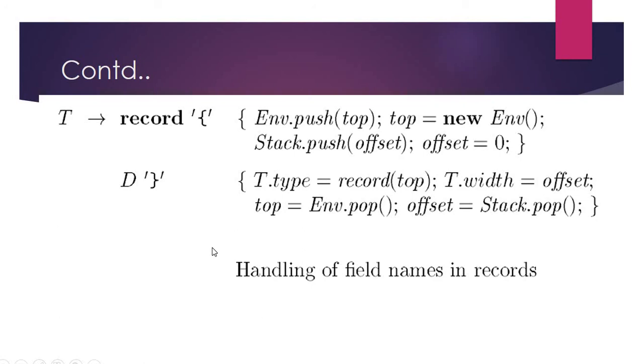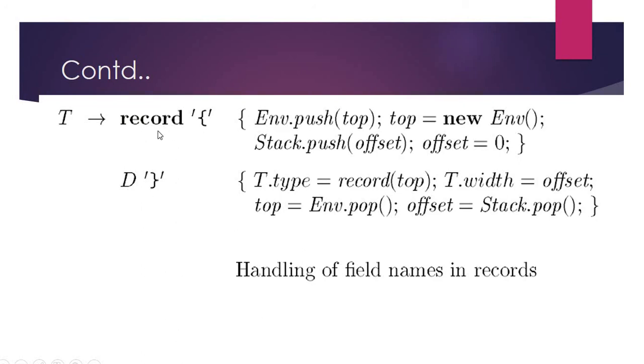So now let us see how the field names in the record or the structures are stored in the memory. The data type declaration produces record, open curly bracket, the declaration of the field names within the record, which is similar to the structure, and finally close curly bracket.